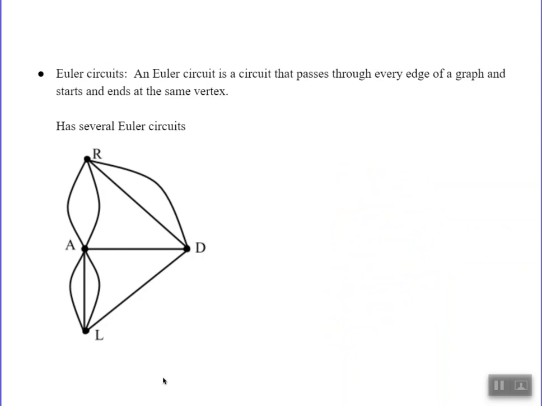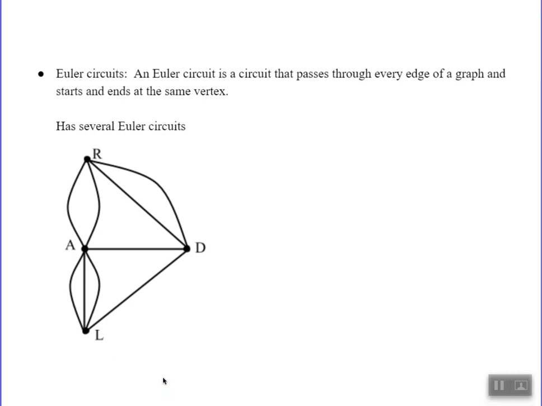Now, an Euler circuit. We already know what an Euler path is and we already know what a circuit is, so just put them together. An Euler circuit is a circuit that passes through every edge of a graph exactly once. Or you could say that it's an Euler path that starts and ends at the same vertex. This diagram here has several Euler circuits. So let me see.